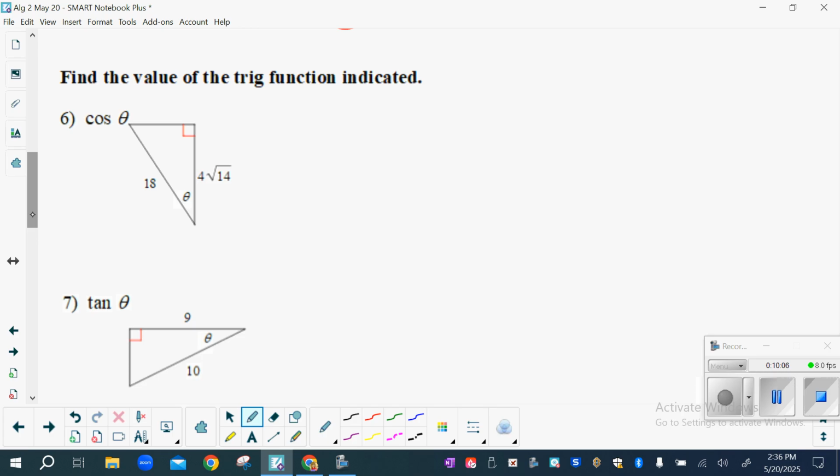So cosine theta, cosine is adjacent over hypotenuse, right?